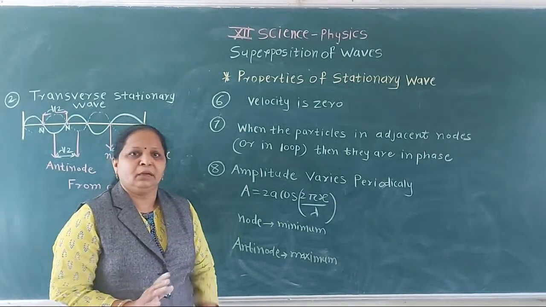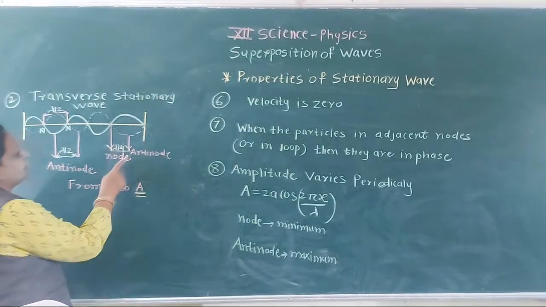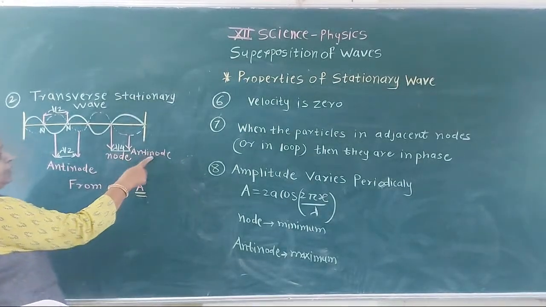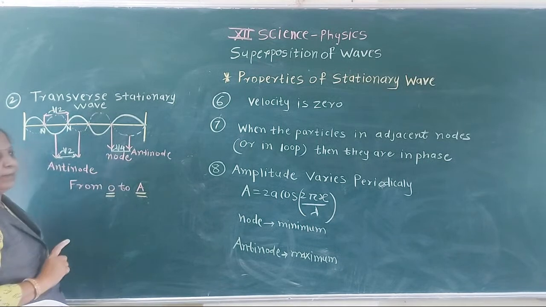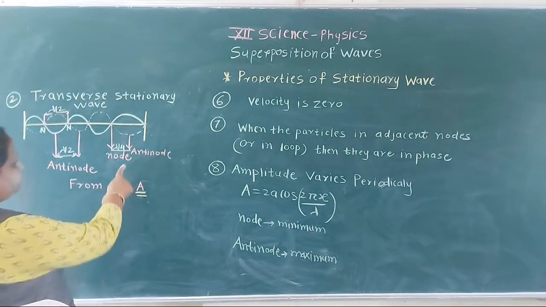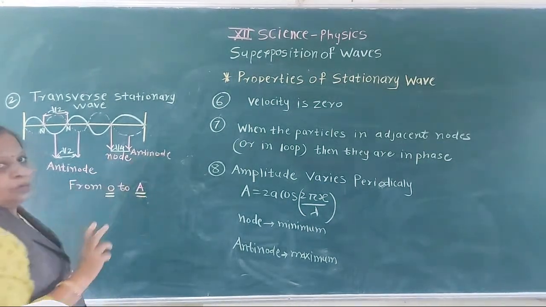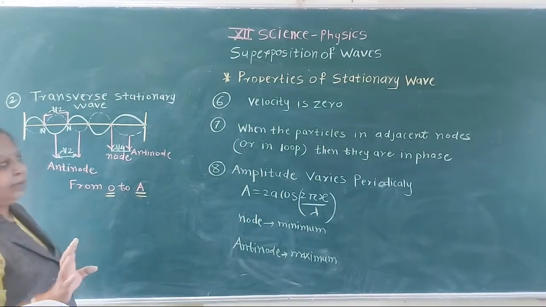The distance between the adjacent node and antinode is equal to lambda by 4. And the velocity is 0 because there is no transfer of energy.